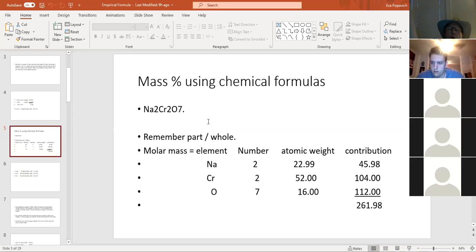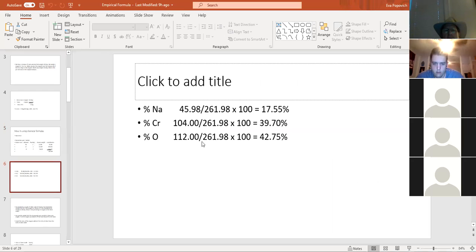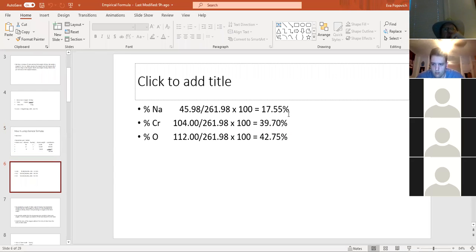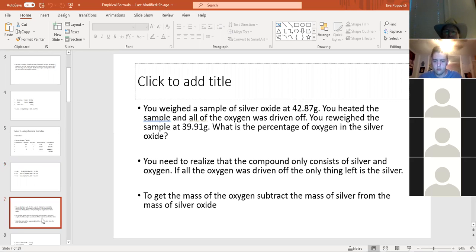So if I get given a weight of 363.2, then if I know that I have 363.2 of my sodium dichromate, I know that of that number, 17% is going to be my sodium weight. 39.7% of that number is going to be my chromium, and 42.75% of that overall number is going to give me my grams of oxygen. We are going to use that fact later.